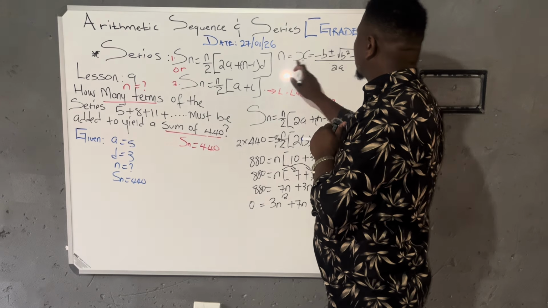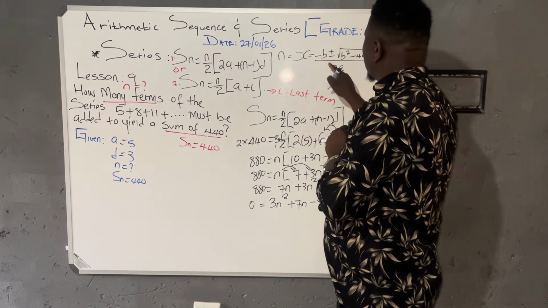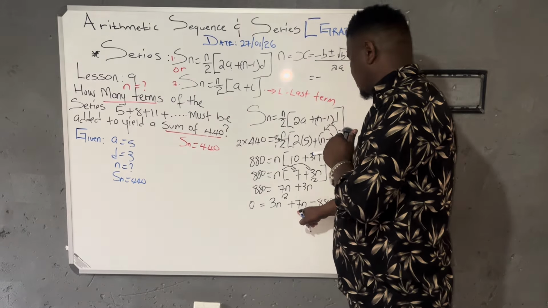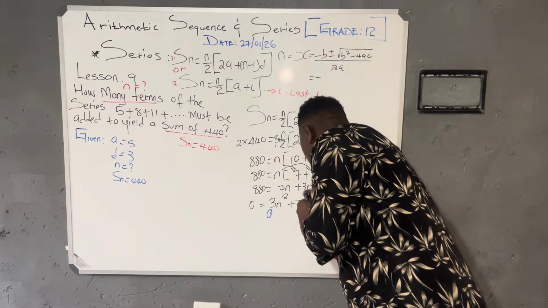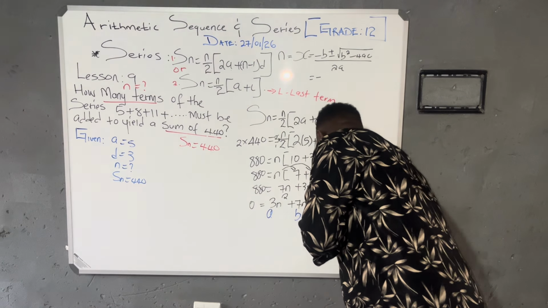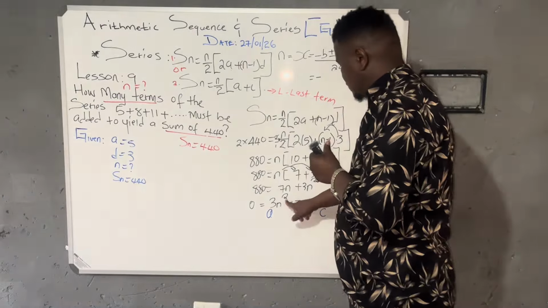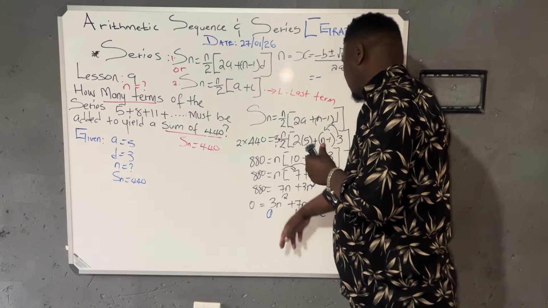So you're going to have n equals minus b. The a's, the b's, and the c's don't change. The coefficient of n squared, which is the same as if it was x squared, is going to be A, which is 3.